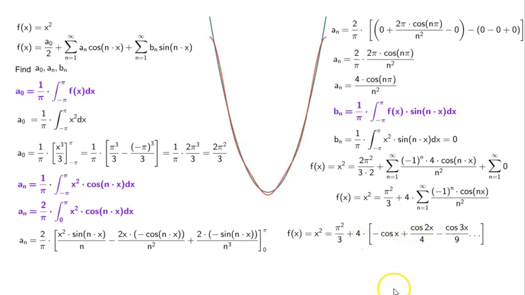Similarly, when we take n equal to 3, we get pi square by 3 minus 4 cos x plus cos 2x minus 4 by 9 cos 3x. So as I keep increasing the terms, the graph converges with f of x equal to x square.